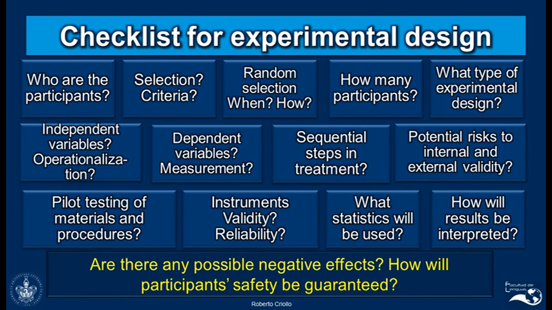Finally, we need to think about any possible negative effects that our participants may undergo, and make sure that participants' mental and physical safety will be guaranteed. Remember that their integrity is very important for us.